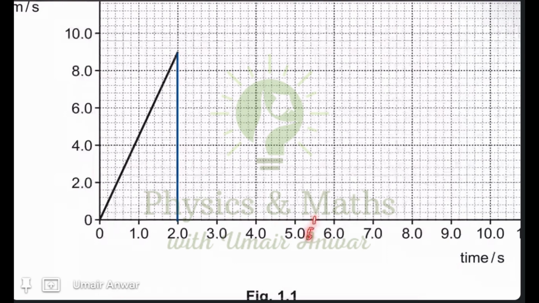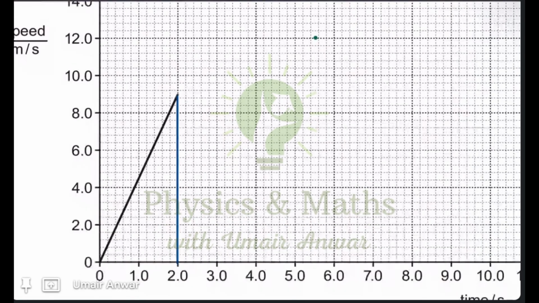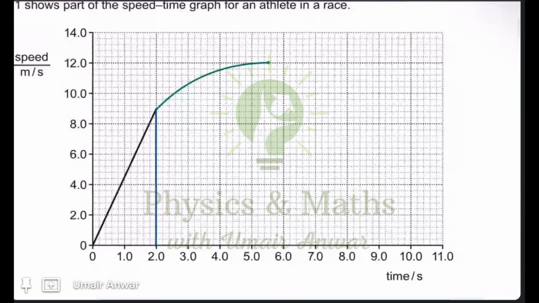And since the acceleration is decreasing, we are going to make a curve over here. And that curve would show a decreasing acceleration. So this is the curve showing the decreasing acceleration. And at 5.5 seconds, we have reached the speed of 12 meters per second.